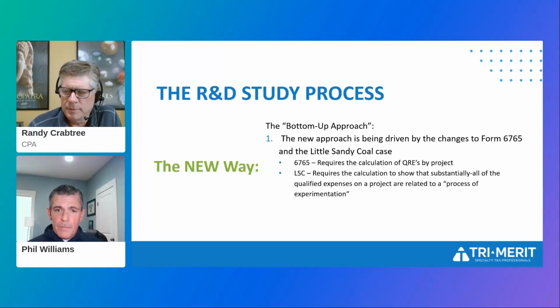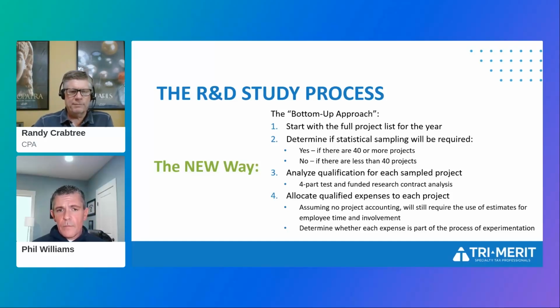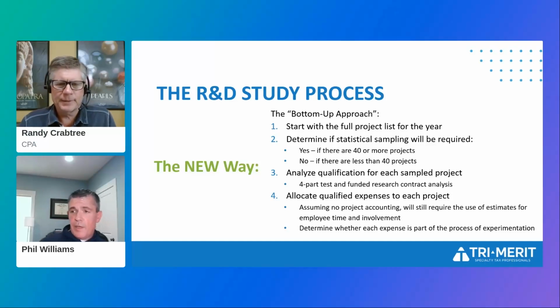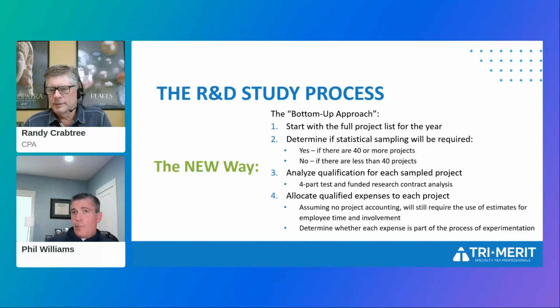Yeah, and you may be saying this on the next slide, but not only do we have to figure out the expenses associated that qualify, we have to figure out the expenses associated that don't qualify to see if we meet that 80% substantially all rule, correct? Exactly. It's trying to get a holistic view of the project. Oftentimes in that holistic view, you're going to have 4 people, again, just hyperbole, that are heavily involved in the design of a product, well within that experimental function.